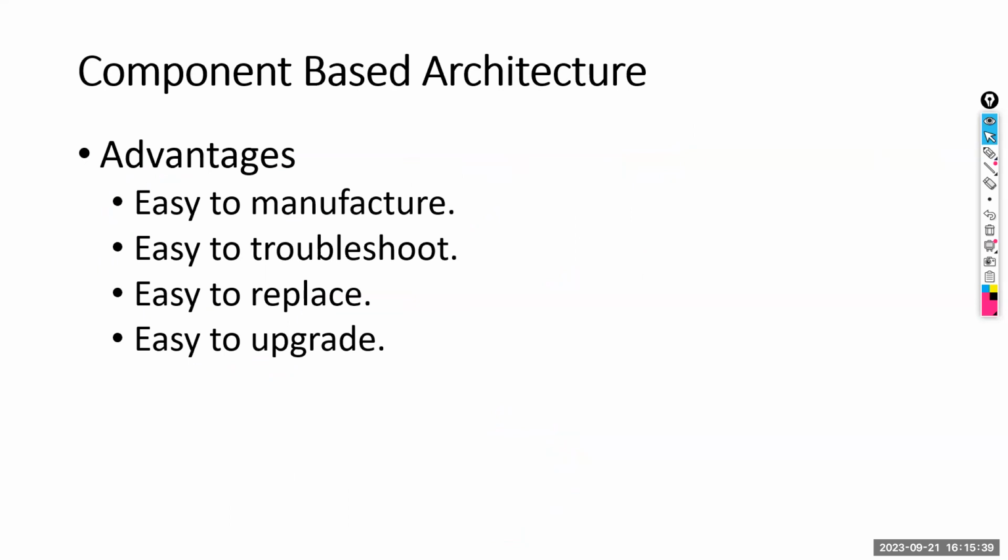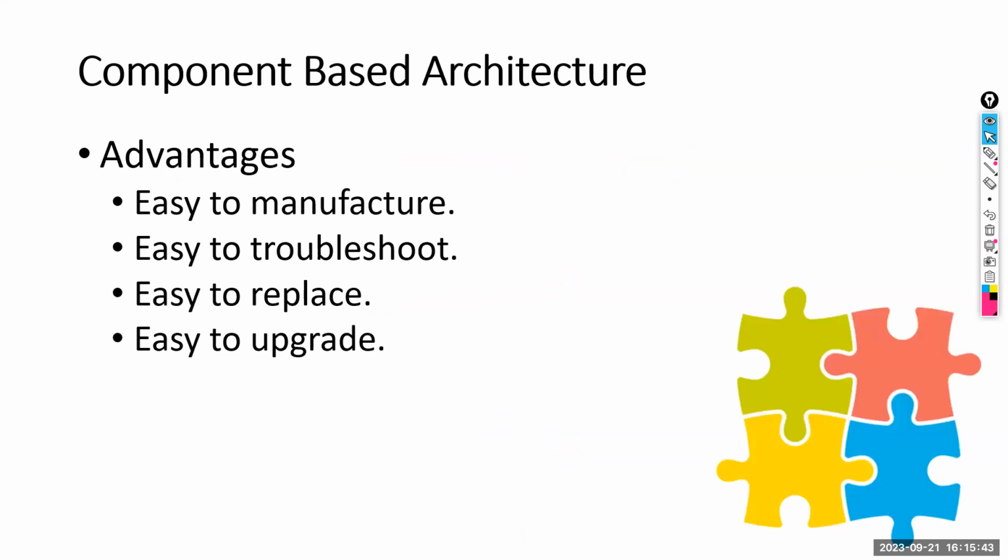And therefore, we call it component-based architecture. Component-based architecture means we develop the computer as a set of components fixed together. That is how we build a computer. So processor from Intel, motherboard from Gigabyte, display panel from Samsung, and so on.